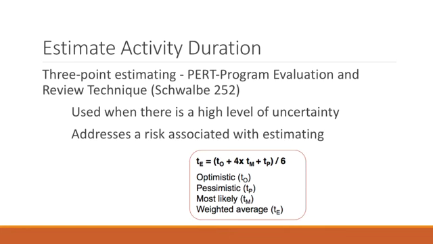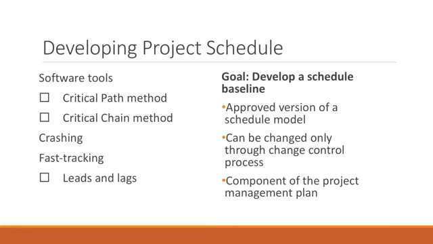Now the next step will be actually developing the project schedule, and this is the most crucial part of project time management. As I said at the very beginning, one of the main issues with time management, or with time itself, is that people are going to compare you on how long it actually took you to complete a particular task. Again, how long did you say that it was going to take you to complete that task?